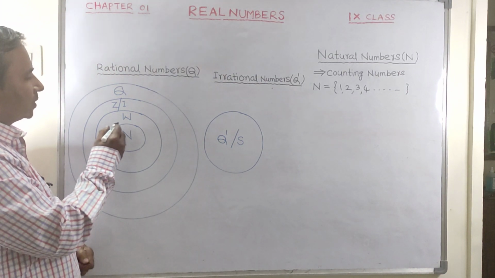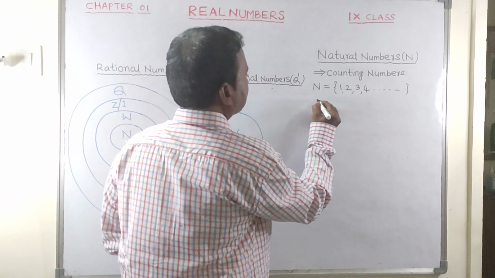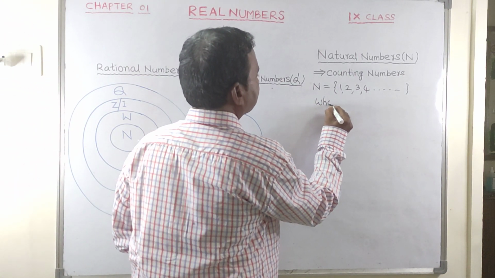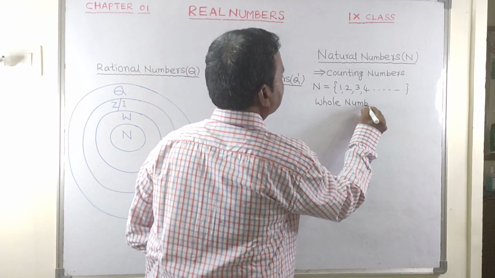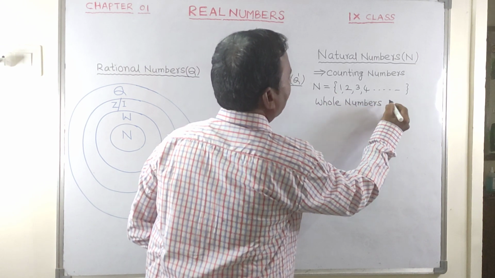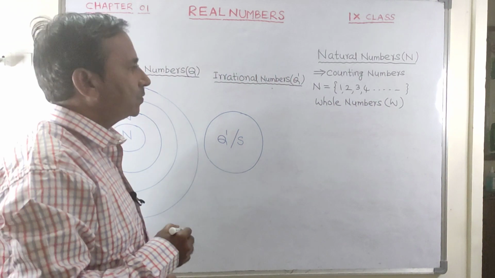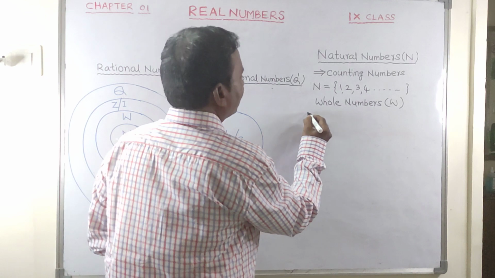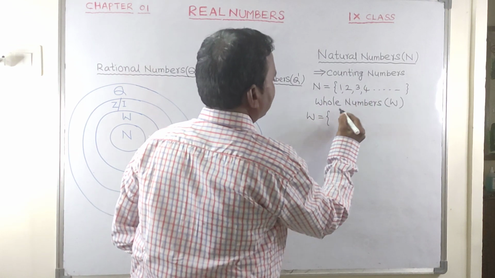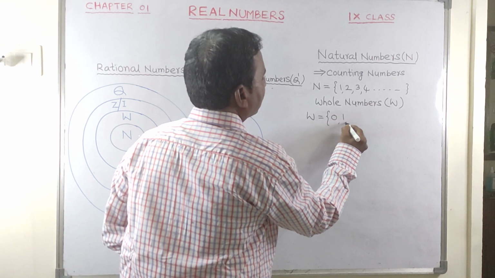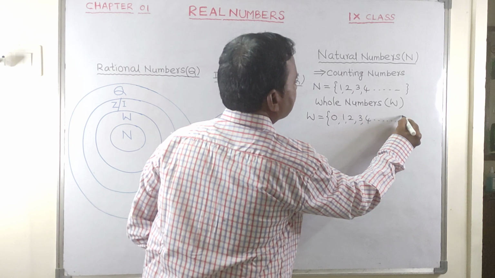Now coming to the second type, W. W stands for the whole numbers. Whole numbers are represented by the letter W. How will we get this set? For the natural numbers, add 0 before the start of the set.